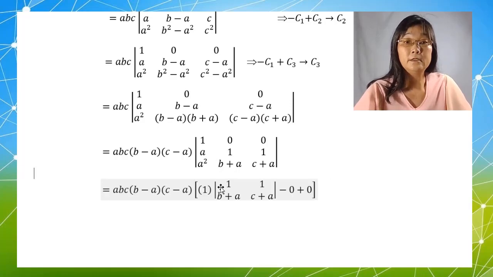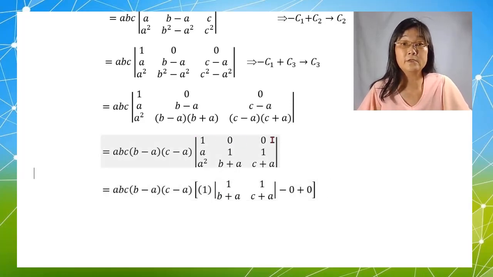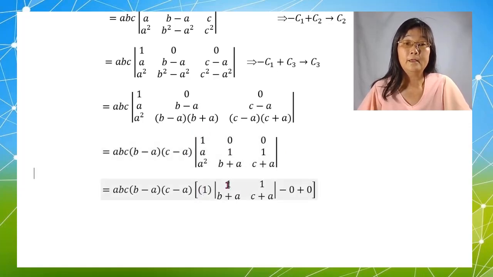That is, I'm going to use the first row where I changed to 1, 0, 0. So the first number is plus 1. Then 2 by 2 determinant 1, 1, b plus a, c plus a, minus the second number 0, plus the third number 0. Since 0 multiplied with anything, the answer is 0.